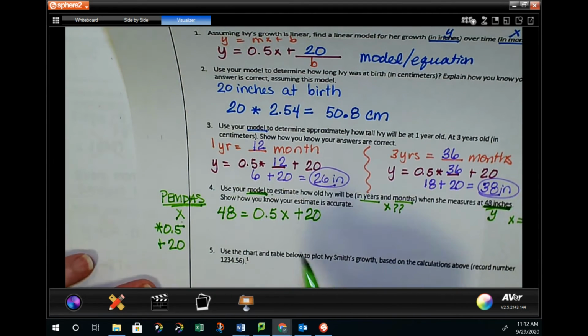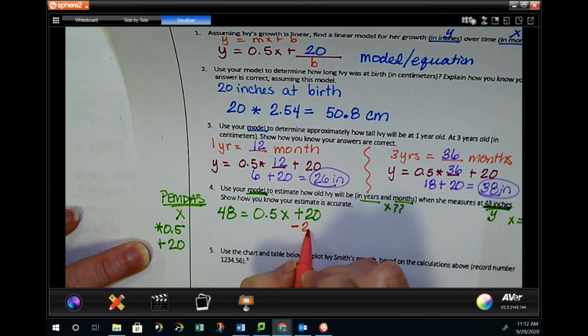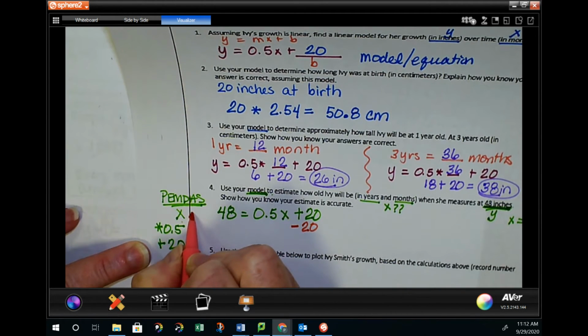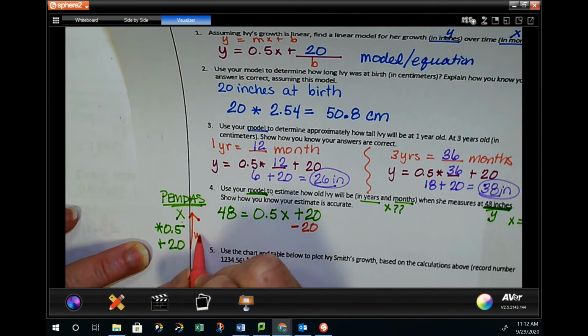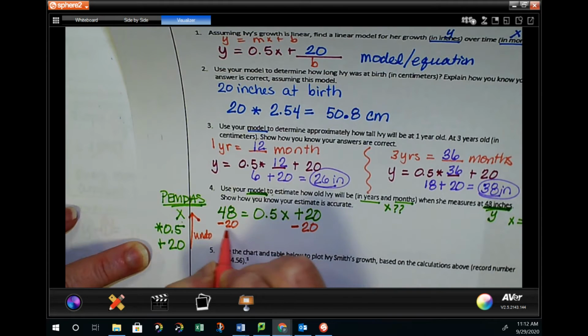But we're working backwards. When we go backwards, the opposite of add 20 is subtract 20, because you're going to work from the bottom up to undo.